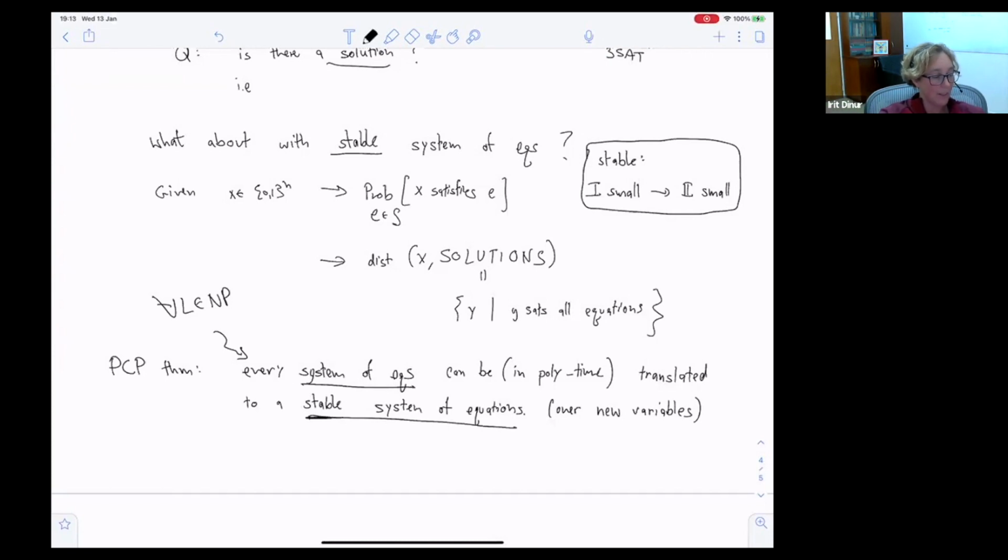Because if we have a good LTC, it will mean probably, even though it's not enough, that with the same techniques you can do the same for the PCP theorem. You can have this transformation from a system of equations to a stable one be very efficient. Like in error correcting codes, you only want the amount of overhead to be a constant factor.